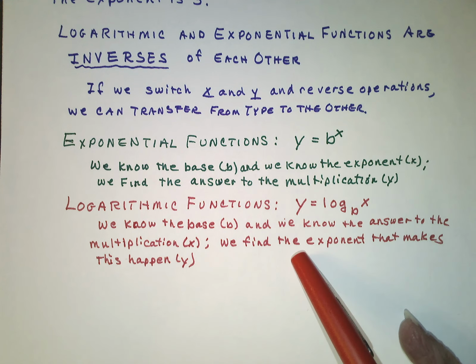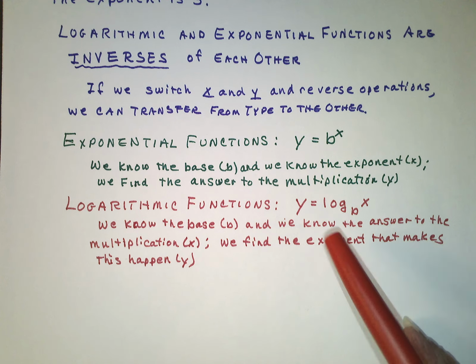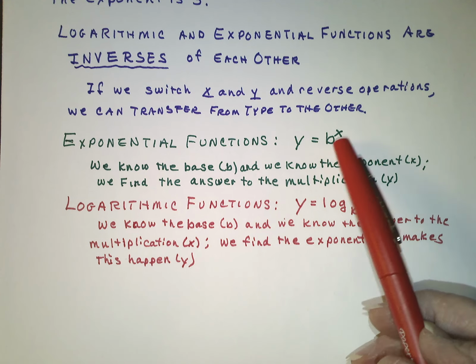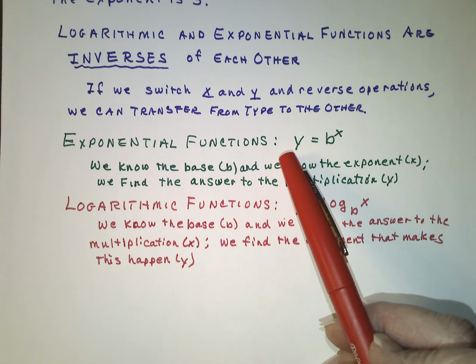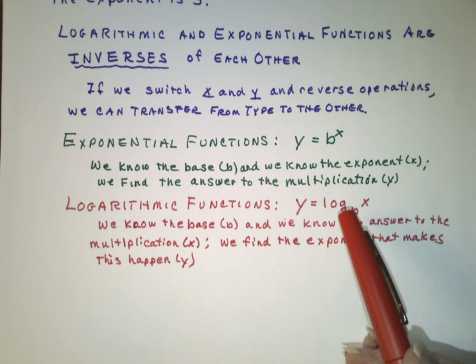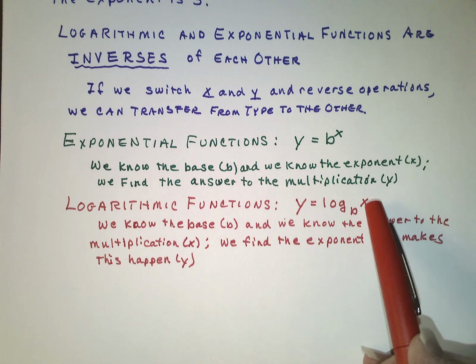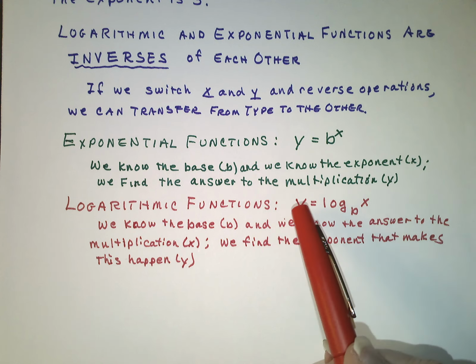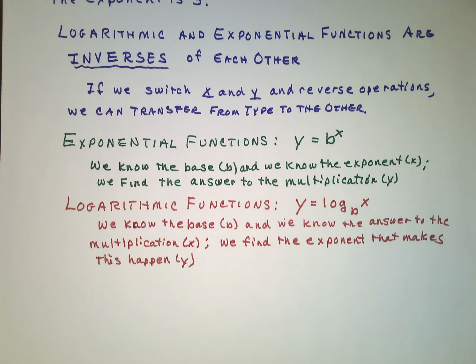And what we're going to find is the exponent that makes this happen. So with the exponential, we knew the base, we knew the exponent, we were looking for the answer to the multiplication. With logarithmic, we know the base, we know the answer after the multiplication. We're trying to find the exponent that made this multiplication come out that way.